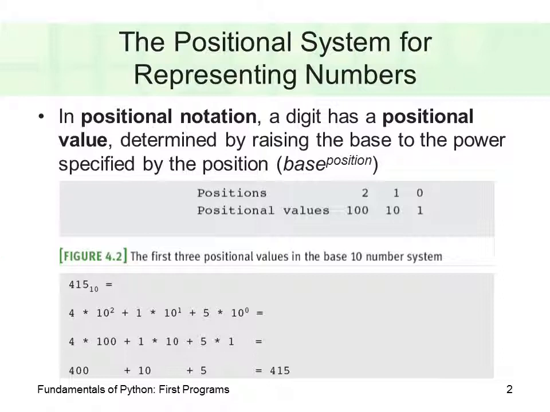It doesn't matter what base you're working with. They all work the same way. If this were a base 2 number, and it were something like 110, then we would have 1 times 2 to the 2, 1 times 2 to the 1, 0 times 2 to the 0. And we could add up the values and find out what value we were working with.